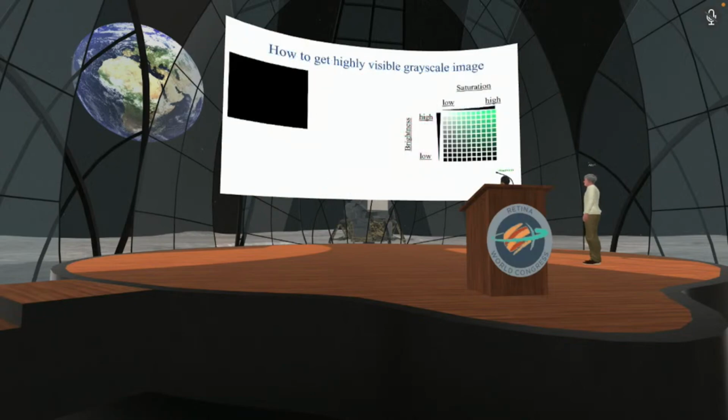Conversely, in order to acquire a highly visible grayscale image, it is necessary to acquire an image with a big difference of brightness before that. For example, if you have an image that consists of light green and dark green close to black, you can get a white and black image by decreasing the saturation.